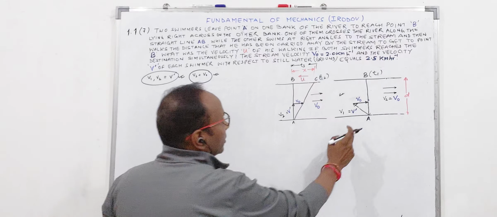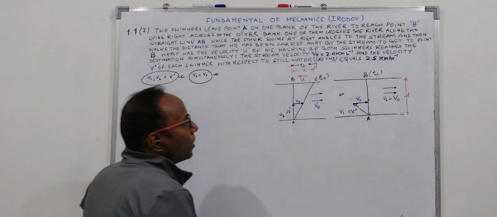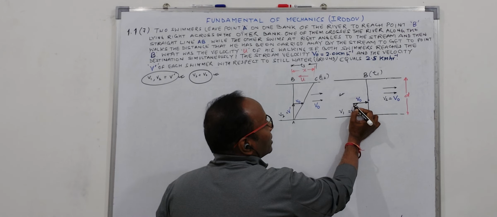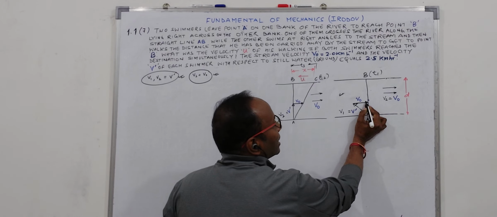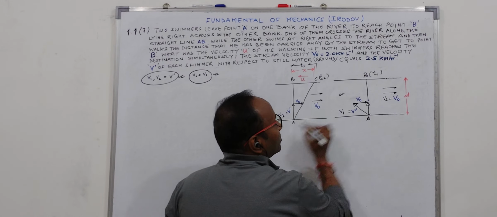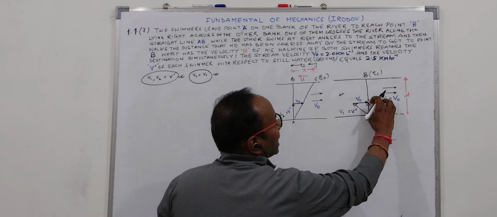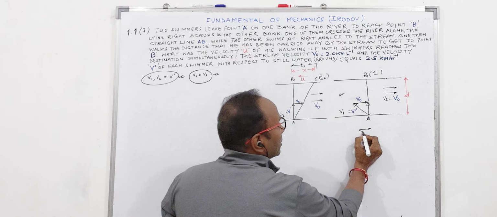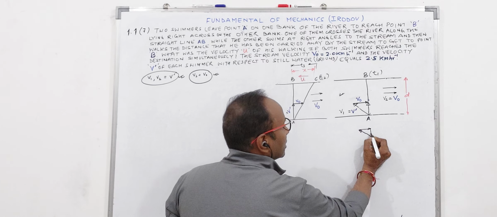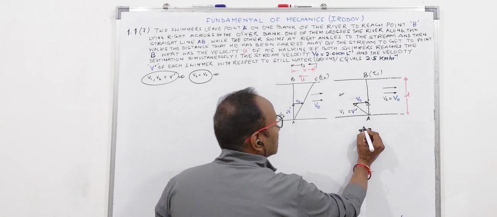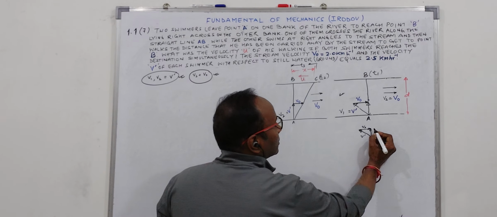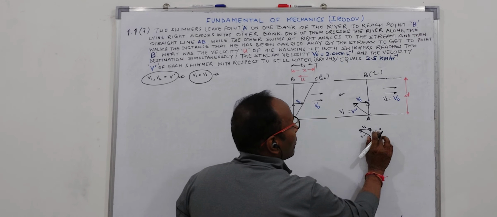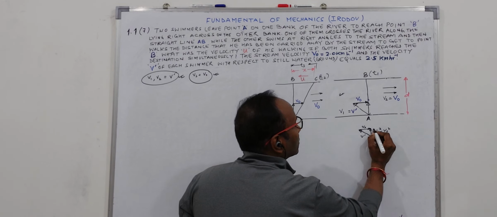First we will go on with swimmer 1. You can easily see the resultant of swimmer 1 velocity and the stream velocity is in the direction of AB. So this is the resultant. What will be the magnitude of this? If you see the triangle, this is v naught, this one is v dash, and this one will be the square root of v dash square minus v naught square.